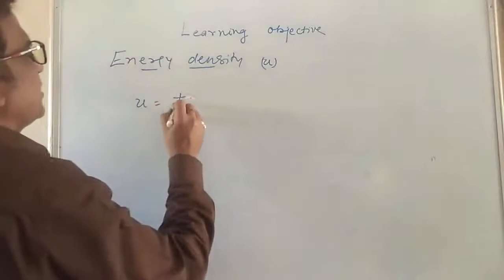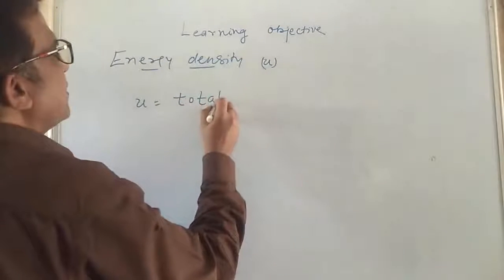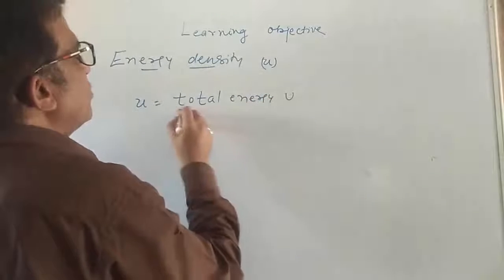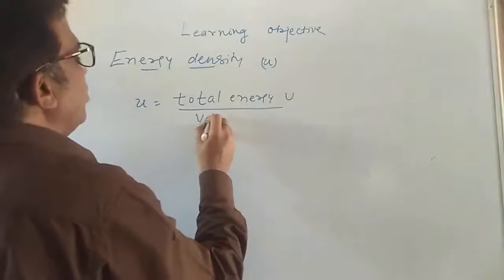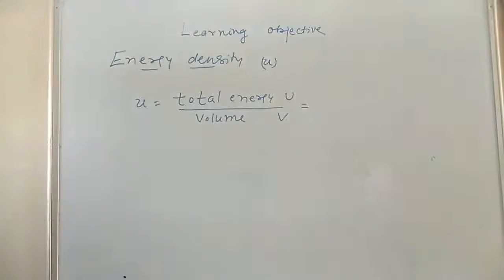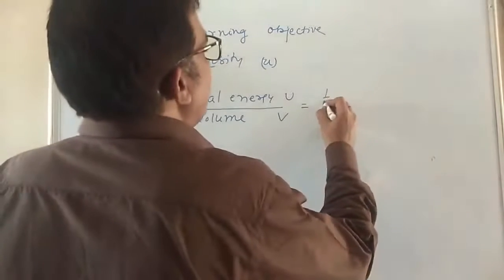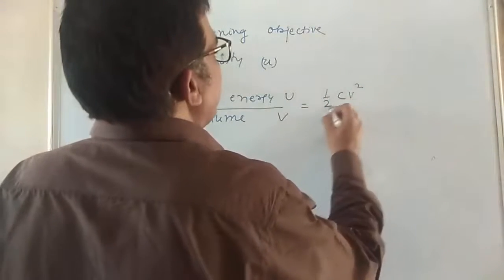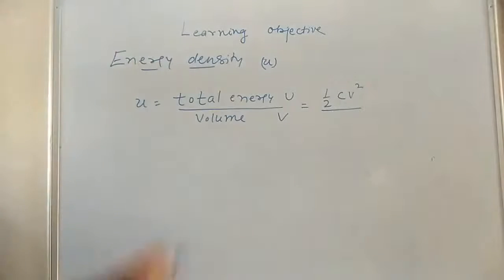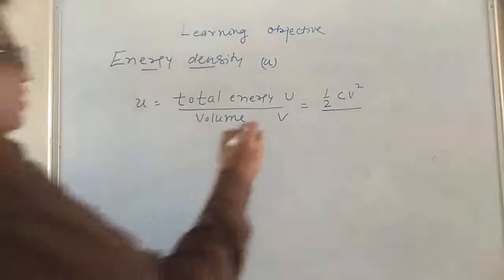Total energy, that is U, divided by volume, that is V. What is total energy? That I just calculated, 1 by 2 CV square.